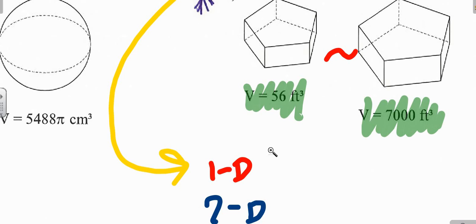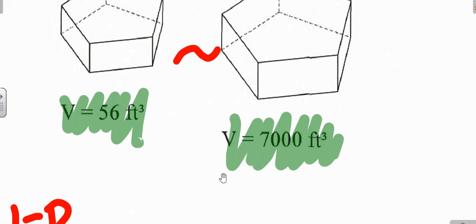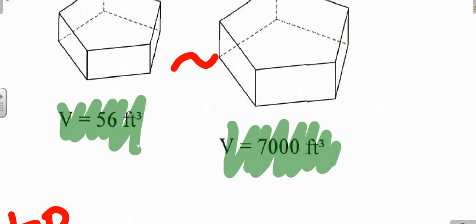So take a moment, since that's the actual volume, we're going to try to reduce these. I'm going to reduce simply by dividing by 2 and see what we get. 56 divided by 2 is 28. 3500 divided by 2 is 1750. We can still divide by 2, so I'm going to keep going.